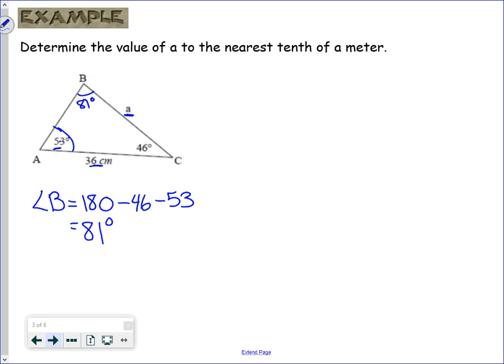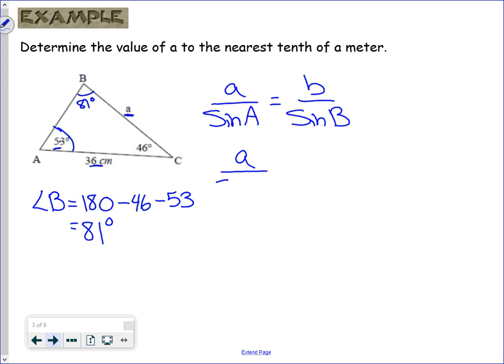So now we're going to use a over sine A equals b over sine B. So a is the value that we're looking for, and our capital A is the angle A, which is 53 degrees. So we'll have a over sine 53, and this will equal side b of 36 over sine of 81.